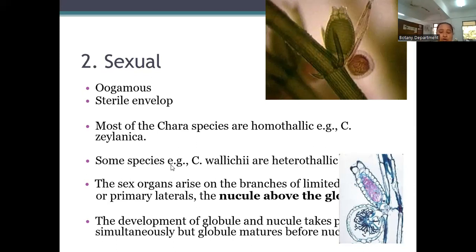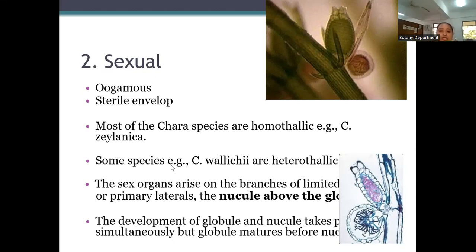You know the types of sexual reproduction: isogamous, physiological isogamous, anisogamous, but here in Chara you study a highly advanced type of oogamy. Another very important point: the sex organ names are most important. The sex organs are macroscopic. Why? The plant body is also macroscopic, so the sex organs are also macroscopic.